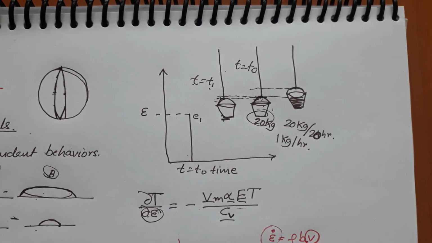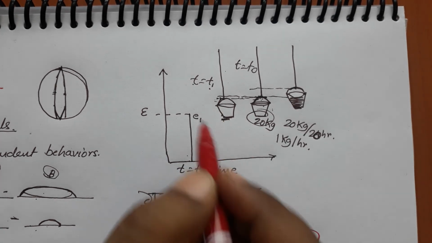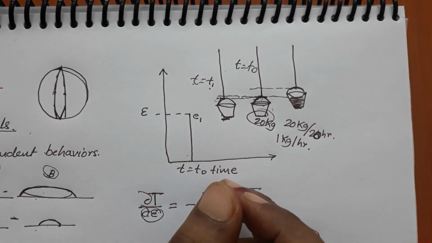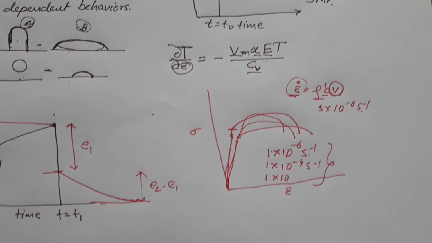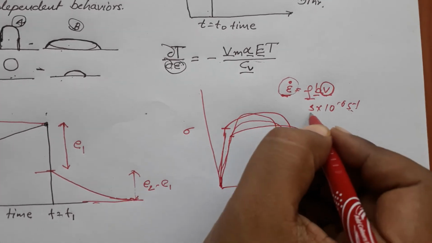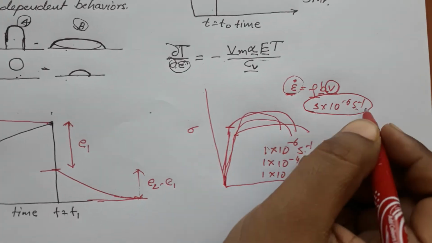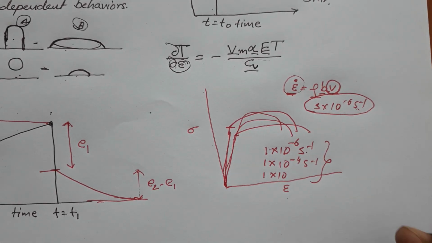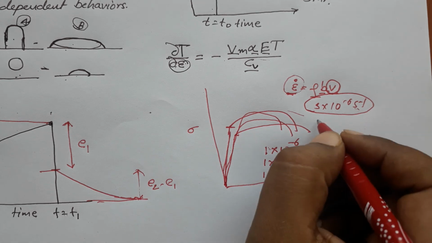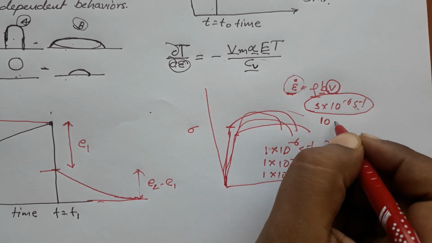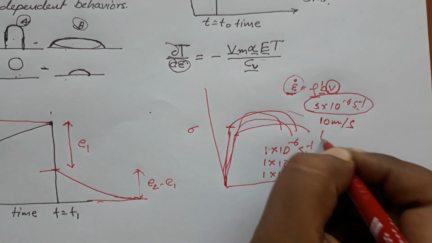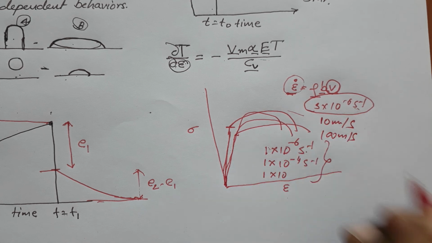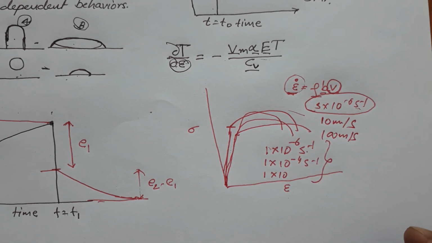But the strain rate difference has to be very high. Even if you change it from, let's say, 10 millimeter per second to 100 millimeter per second, you will see very minimal difference.